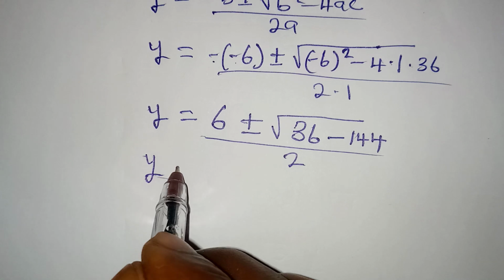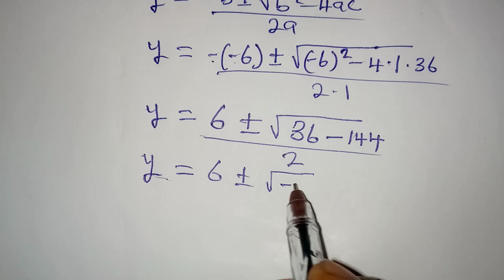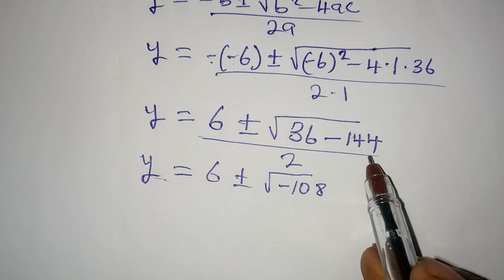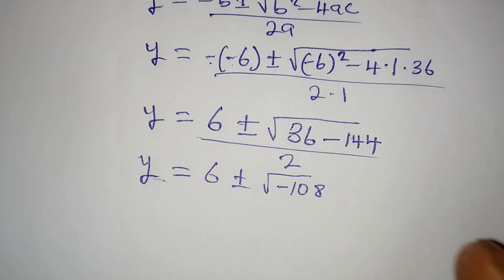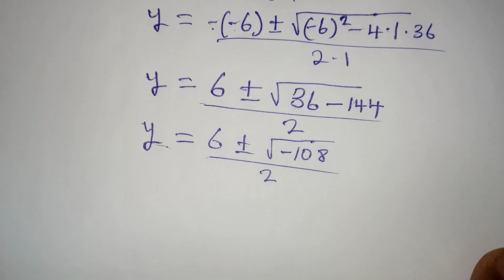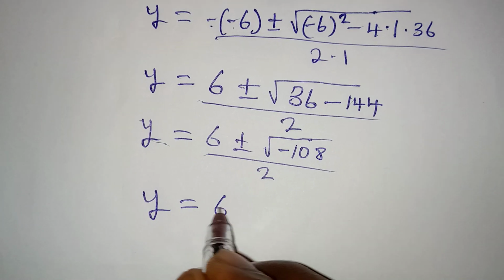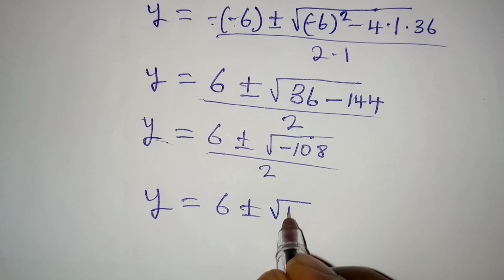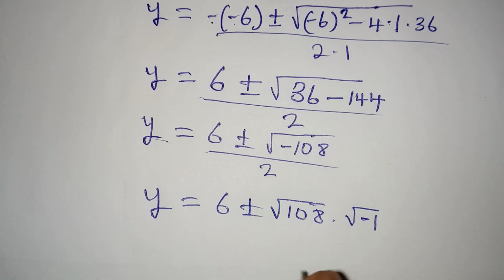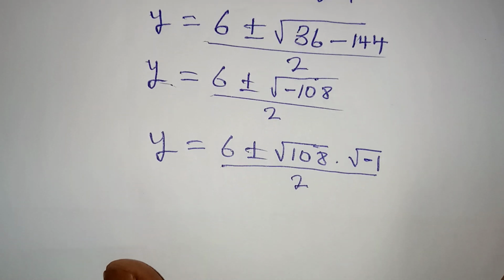From here, y is equal to 6 plus or minus the square root of -108, because 36 minus 144 will give us 108, but negative. And then this is over 2. Now that we have a negative value, we can do something there so that y will be equal to 6 plus or minus the square root of 108 multiplied by the square root of -1. What I've done is to pick out the negative from there.